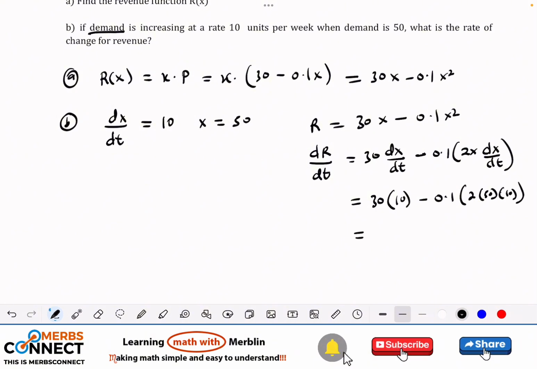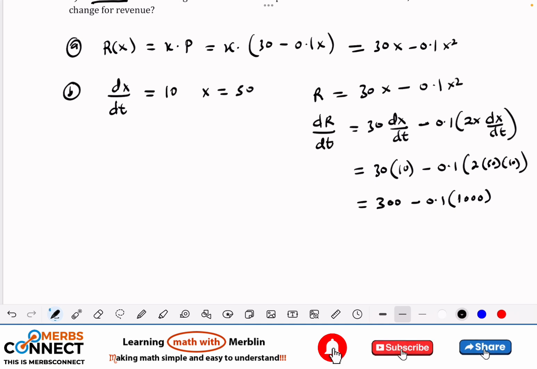All we need to do is simplify. So this is going to be 300 minus 0.1, 2 times 50 is 100, 100 times 10 is going to give us 1,000. Is it 1,000? Yes, of course. So that's how it's supposed to be. So we get 1,000.